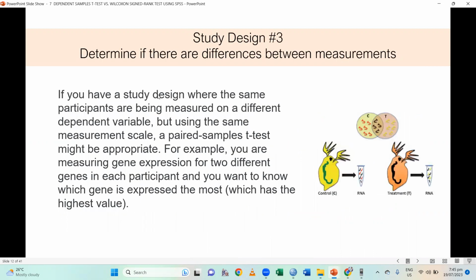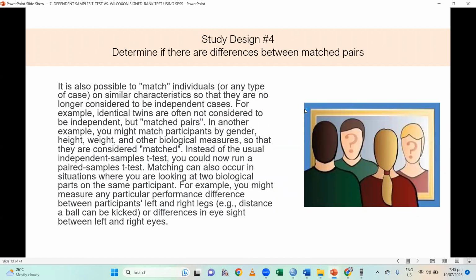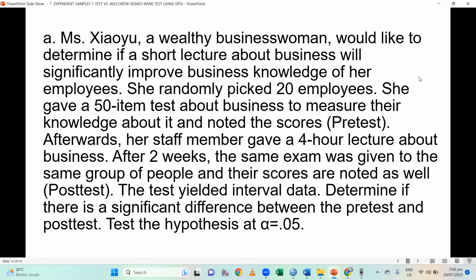Or if you wish to determine if there are differences between measurements. The fourth design is if you wish to determine if there are differences between matched pairs. This is especially true if you are pursuing experimental studies involving humans.